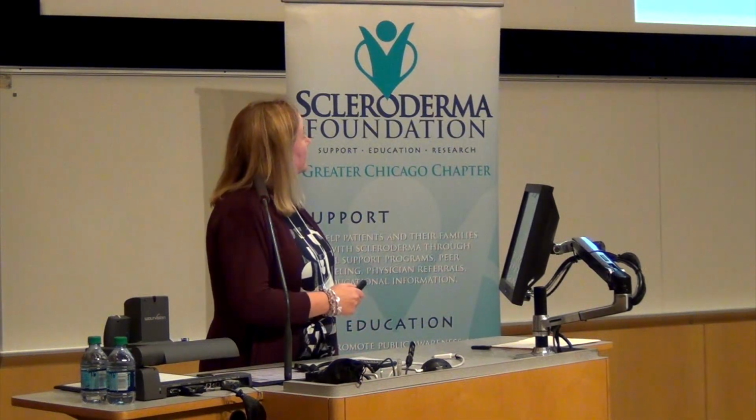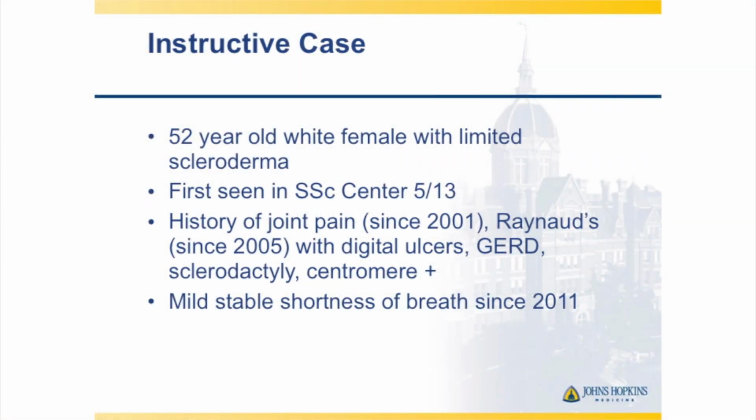So let's walk through a case again. This is a 52-year-old woman with limited skin scleroderma who was first seen in 2013. She had symptoms going back quite a number of years prior to that, with joint pain since 2001 and Raynaud's since 2005, complicated by ulcers, and she makes this anti-centromere antibody. When she was first seen in 2011, she seemed to have this mild but stable shortness of breath, not really limiting.